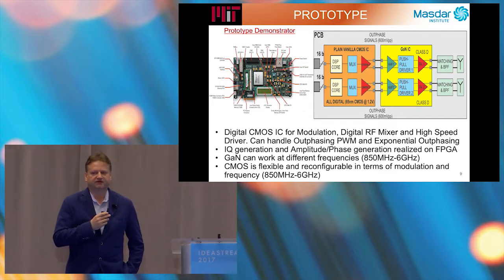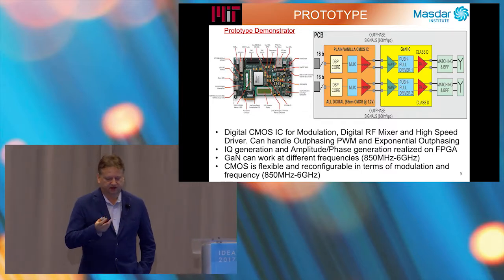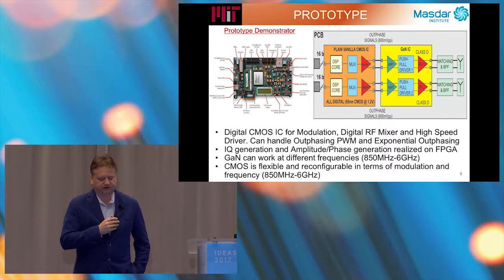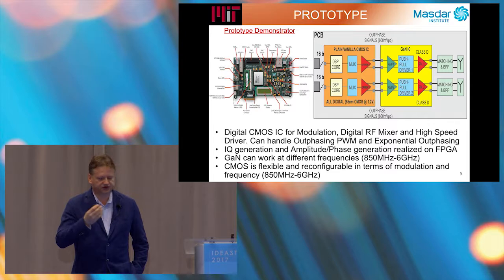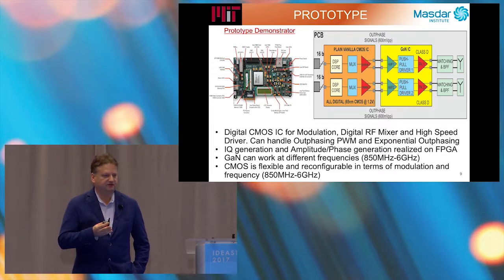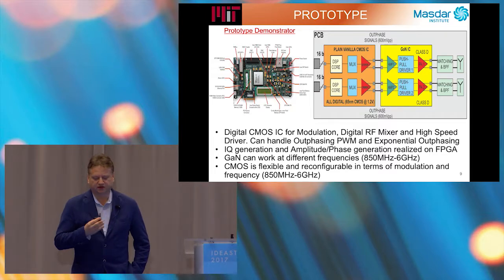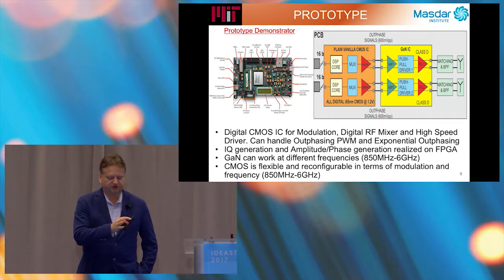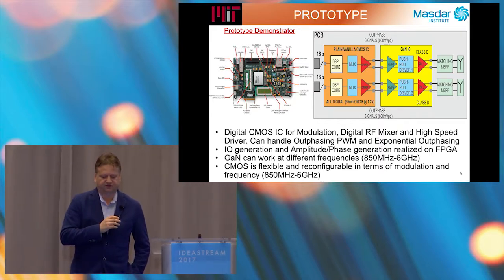So this is the demonstrator. It is based on a plain vanilla CMOS IC, which will generate the modulation format, the digital up-conversion, and the high-speed driver. It can handle different modulation formats like outphasing, PWM, and our new modulation format dubbed exponential outphasing. The IQ generation and amplitude-phase generation is realized on an FPGA.